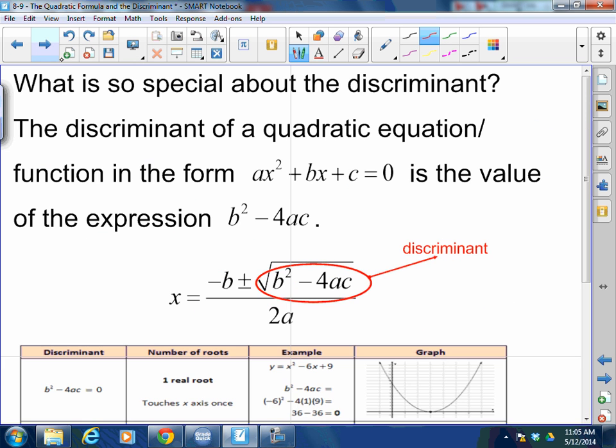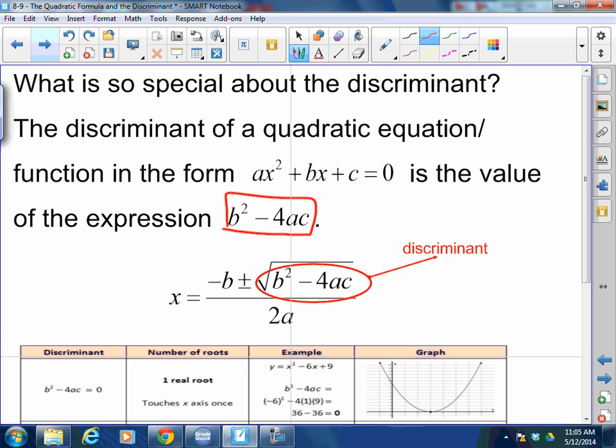All right. So now, what is so special about this word that I said in the beginning, the discriminant? Well, the discriminant of a quadratic equation, or function in the form of ax squared plus bx plus c equals 0, is the value of the expression b squared minus 4ac.